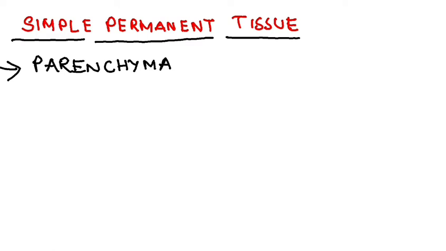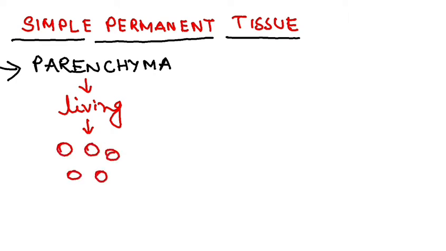Parenchyma. Alright. Now what is parenchyma tissue? These are mostly living, and the cells of the tissues are loosely arranged, right? That means there are spaces in between them, right? And what is the function of this kind of tissues? This kind of tissues stores food.